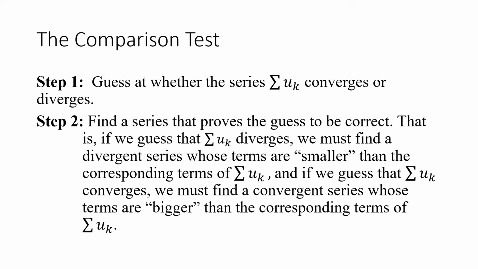In most cases, the series u sub k being considered will have its general term u sub k expressed as a fraction. To help with the guessing process in the first step, we have formulated two principles based on the form of the denominator of u sub k.